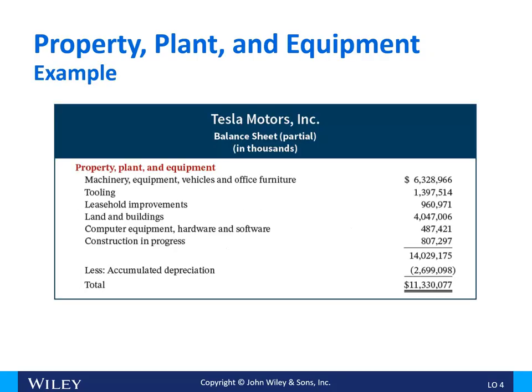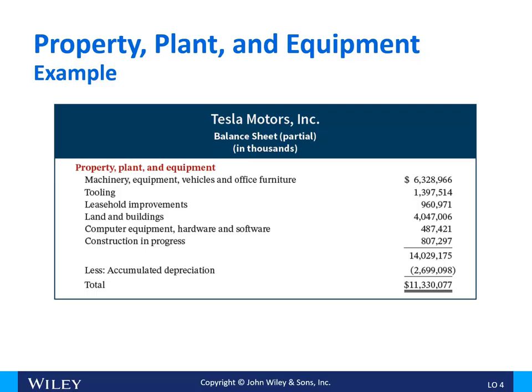Here's an example, Tesla Motors, their property, plant, and equipment section. So they have machinery and equipment, they have tooling, they have leasehold improvements, land and buildings, computer equipment, hardware and software, construction in progress. Those are all assets that have long useful lives that they're using in operating their business.